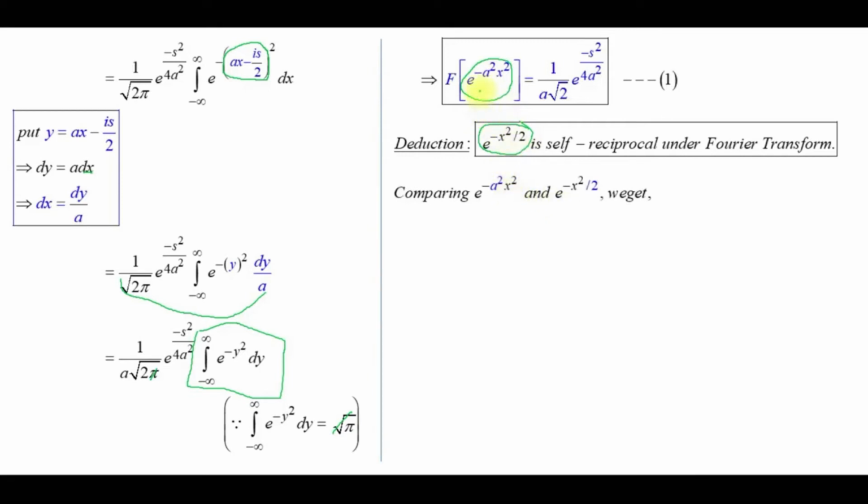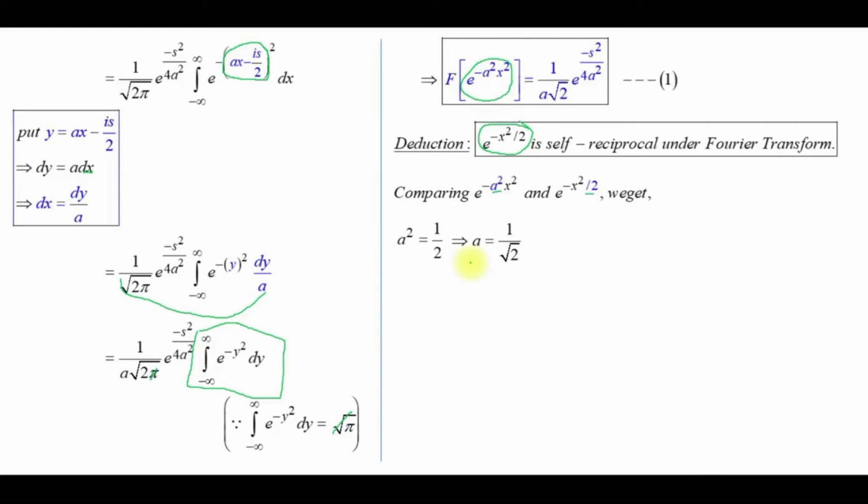So comparing e power minus a square x square and e power minus x square by 2, we have a square equal to 1 divided by 2. So a equal to 1 by square root 2. Actually, a equal to plus or minus 1 by square root 2, but in the given problem, a is given as positive. Therefore, we take a equal to plus 1 divided by square root 2.